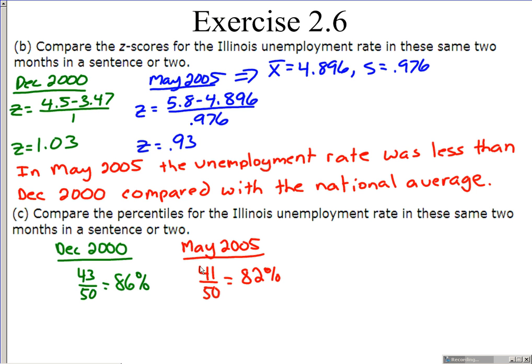So again, comparing the 2 percentiles, we would say that Illinois was in a better situation in May of 2005 than December of 2000.